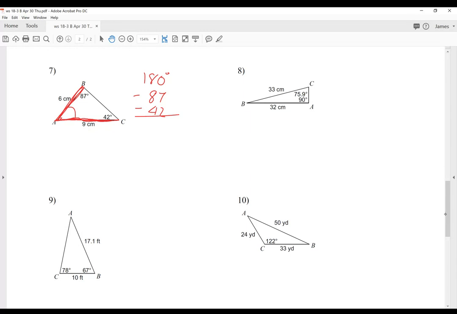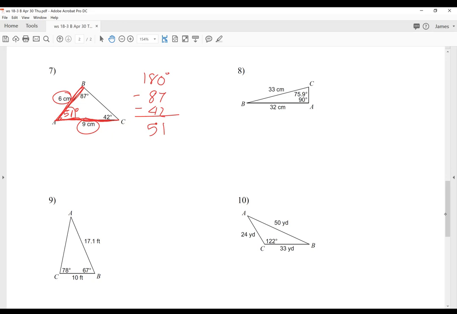So that turns out to be 41, or 51. Hold on. 51. If you subtract it in a calculator, it will give you the number. So the angle that was missing was 51 degrees. These are the two sides, and you subtract the two angles to get the third angle, which is 51 degrees.